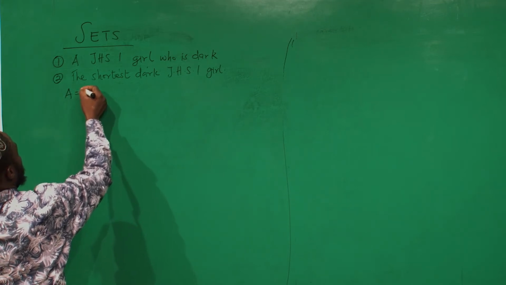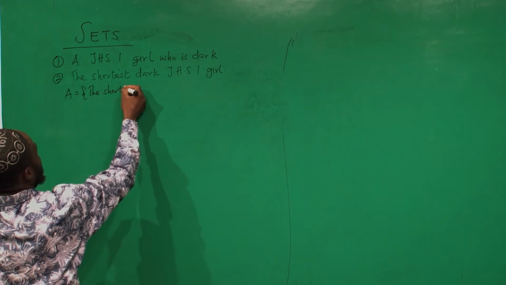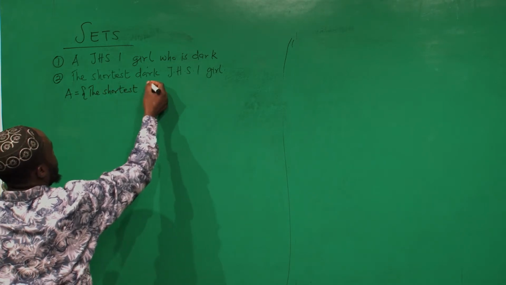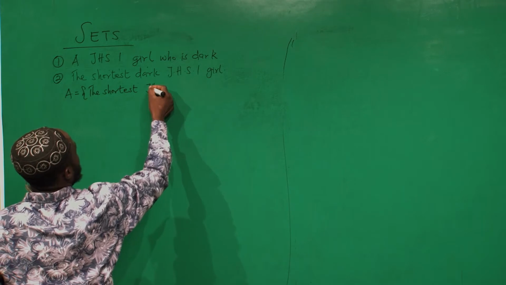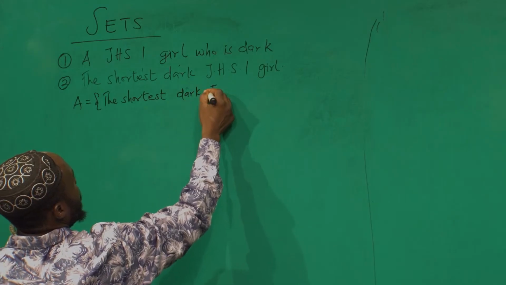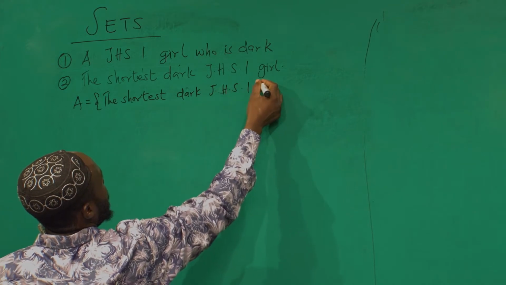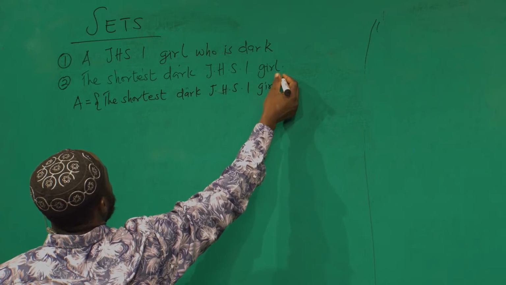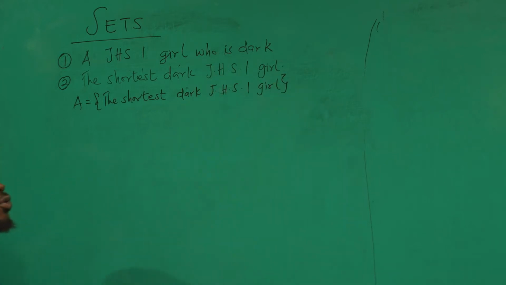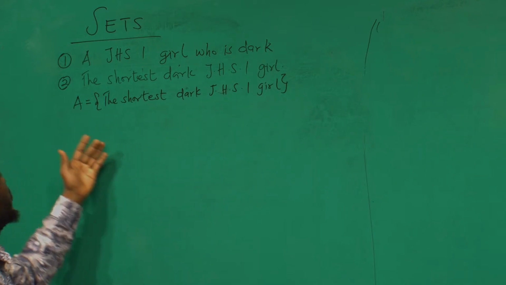A, the shortest. So that is how to write it when it is a set. The shortest dark JHS 1 girl, that is A.